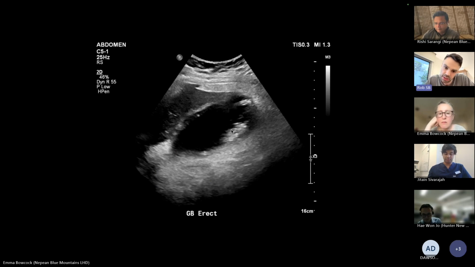Again, this is the gallbladder in more long axis, and you can see the gallstones, which are the dependent gallstones there, consistent with calculus cholecystitis.